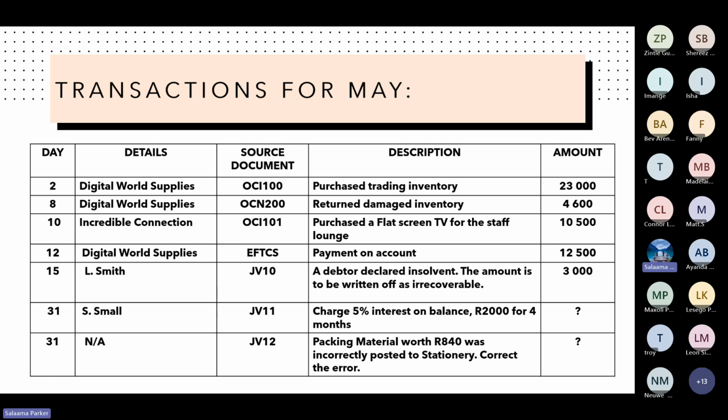So which two transactions will be recorded in the creditors journal? Who can tell me? Can you identify the transactions that will go to the CJ? Again, what will help you here, guys? Your source documents. Your source documents will guide you. Where am I going to record the first transaction?